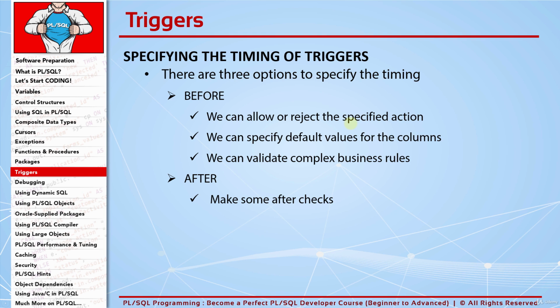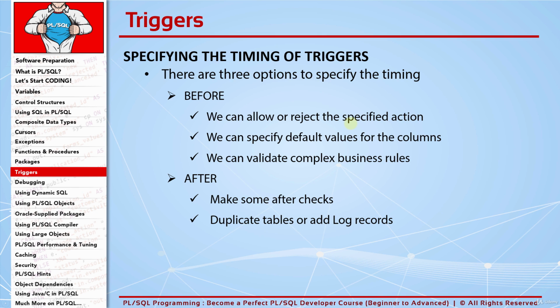Since the DML operation has been done, you may want to make some last checks, because the changes are not committed yet, so you can easily roll back if you find out that the new values are not suitable for our standards. You may want to duplicate your table or add log records.